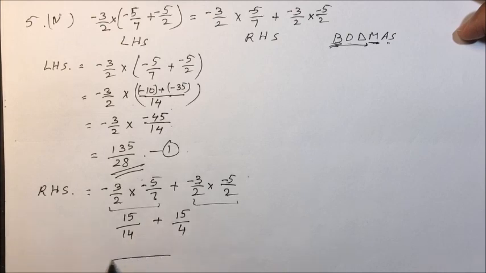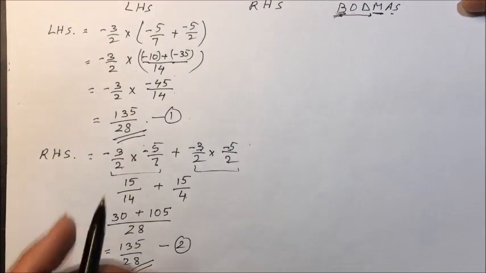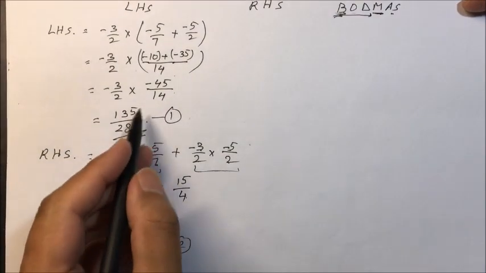Now we take the LCM of 14 and 4, which is 28. 14 2s are 28, 15 2s are 30, 4 7s are 28, 15 7s are 105. Now add them, it will be 135 upon 28. This is our second answer, and we can say answer first is same as answer second, they are equal.